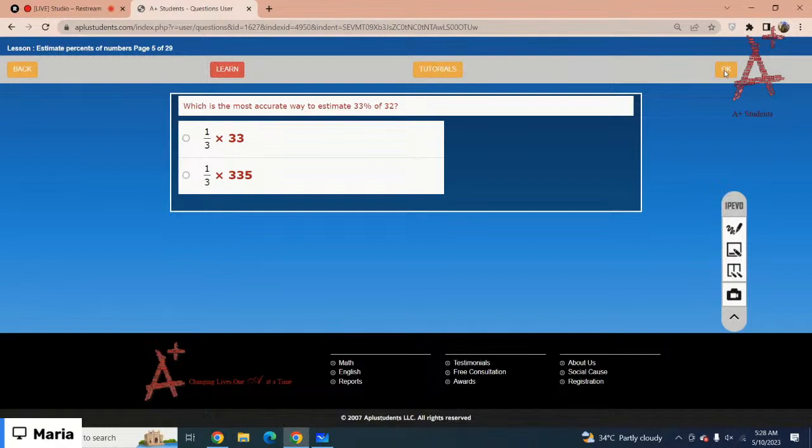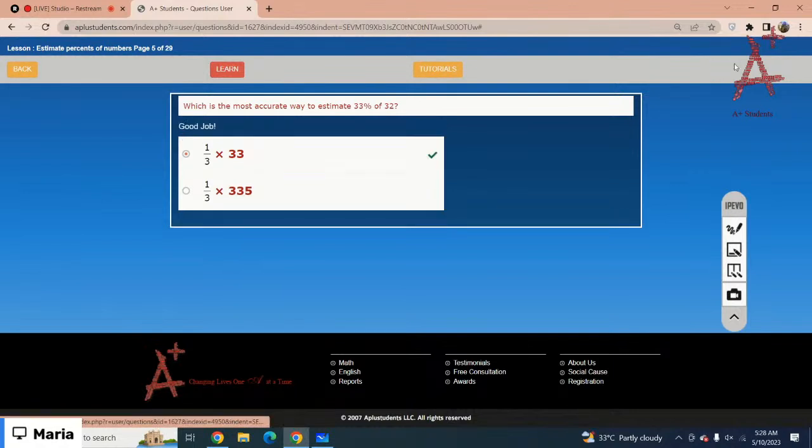It would be 1/3 times 33. That would be option number 1. Because 33% is 1/3, and 32, you cannot divide 32 by 3, so you need to replace it by 33. So the estimated answer is 1/3 times 33.